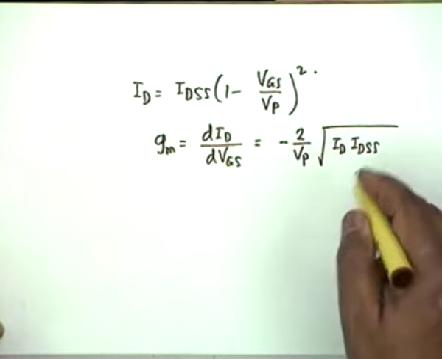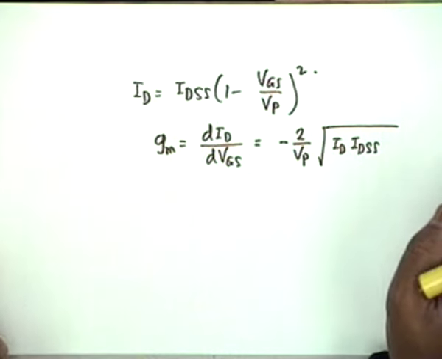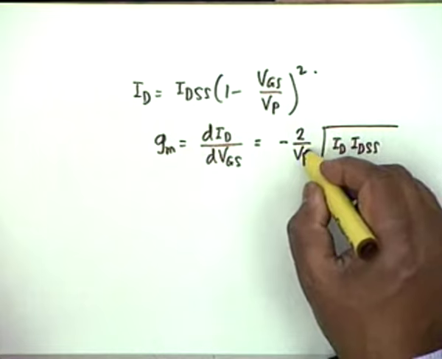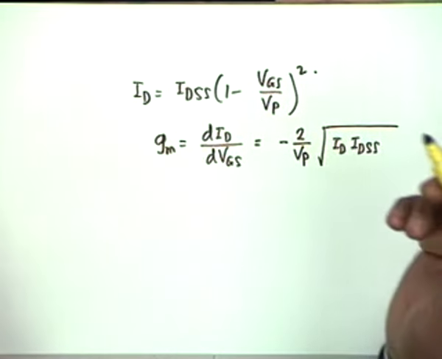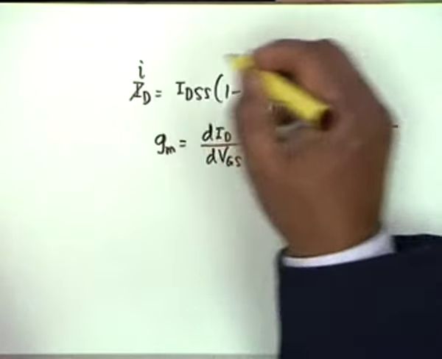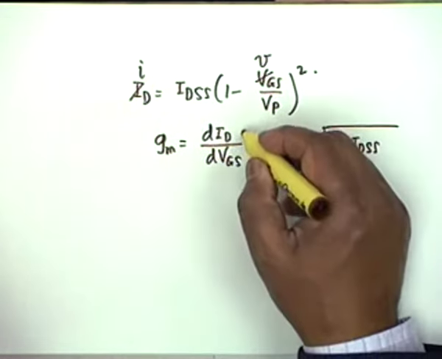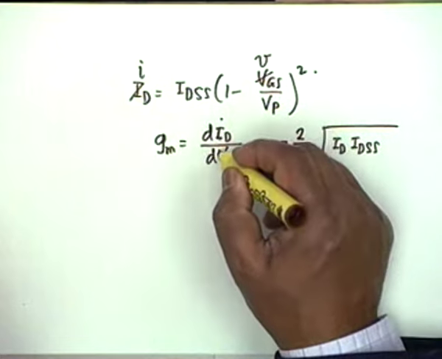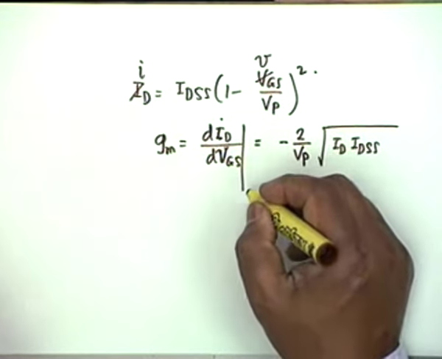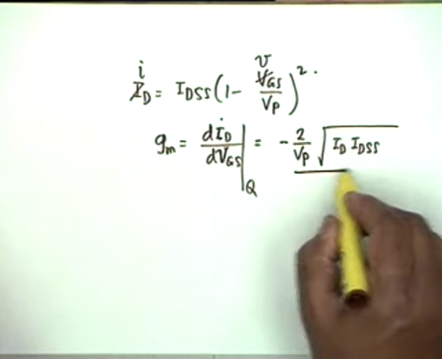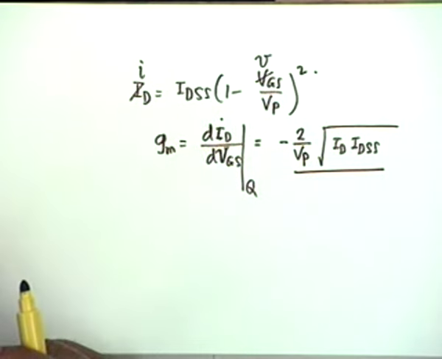This can be very easily established. We have eliminated VGS. Small ID and small VGS. And we are finding this at the Q point. Correct. This is the final result.